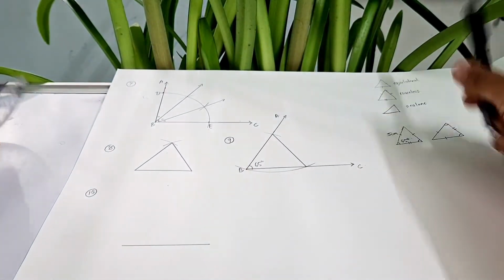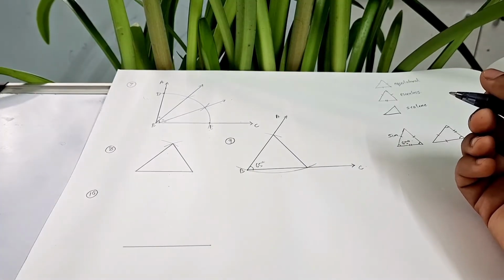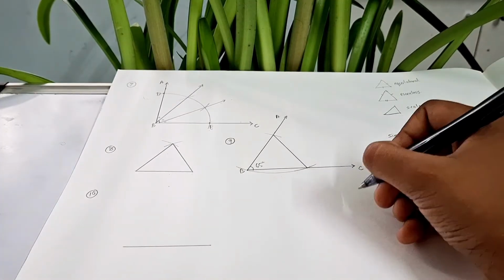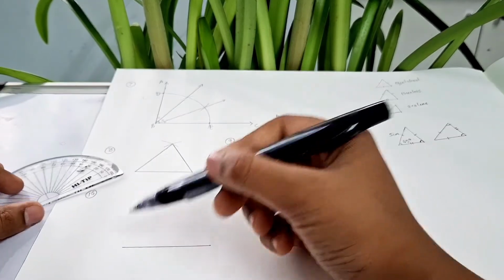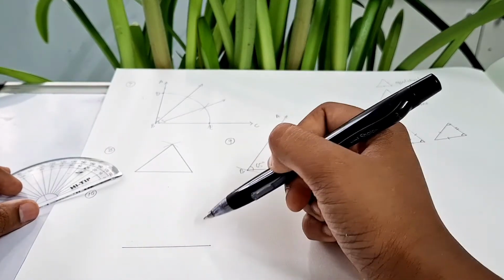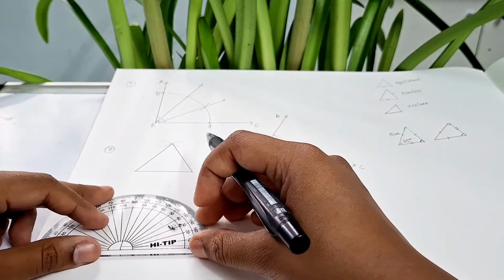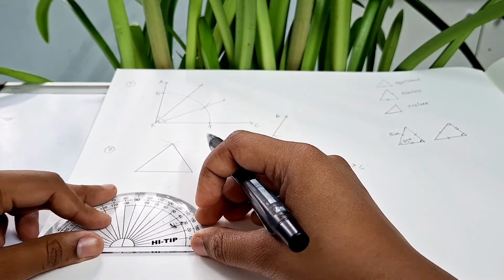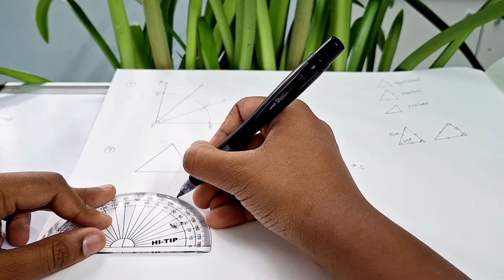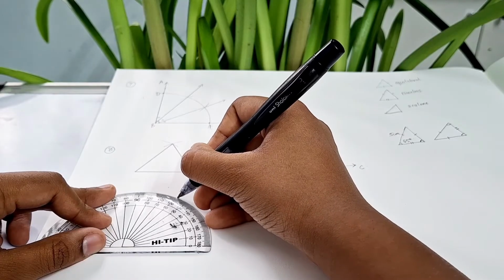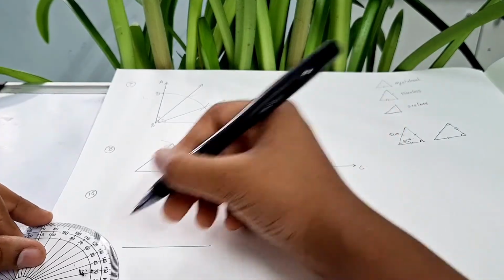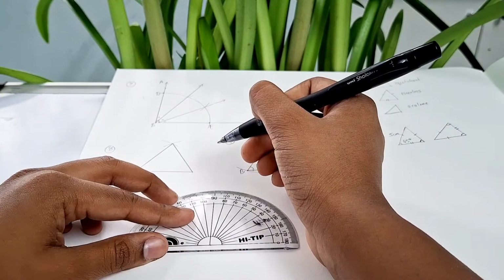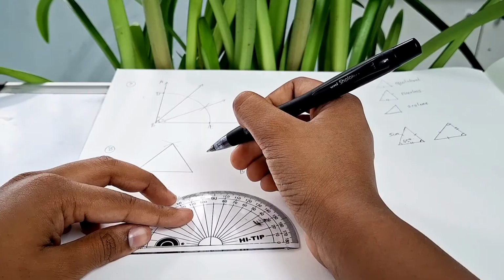After making the base, they have already given us the two angles at the base, one of which is 60 degree and other is 70 degree. So assuming that angle over here would be 60 and here it would be 70, I will use the protractor. 60 degree angle can also be constructed, but in this question it is not necessary. I have marked 60 degree from this side, and from the other side I will mark at 70 degrees.